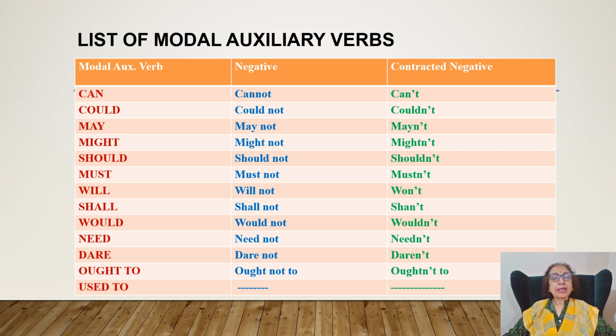So the verb can, negative is cannot, and the short form of cannot is can't. Pronunciation of cannot and can't, there is a difference. So somebody will ask, Madam, give a pronunciation video. Now, one is that you are more interested in grammar, you are more interested in vocabulary, not in pronunciation.